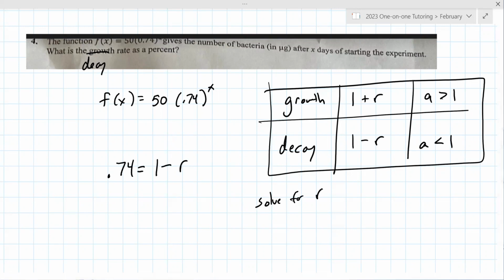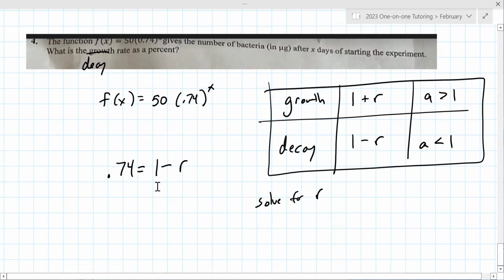Any idea how to do that? I think I forgot. Okay. So you have a choice here. You can either move the number, the 0.74, or you can move the variable. Which are you drawn to?